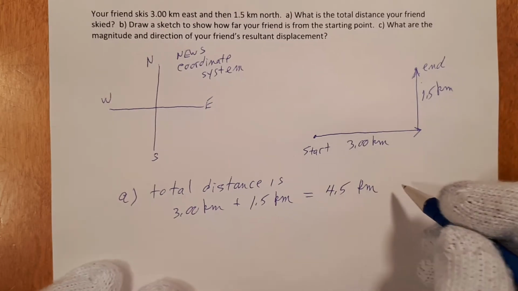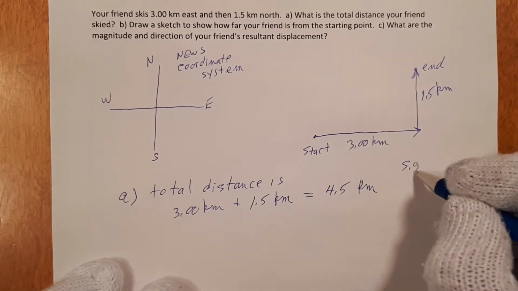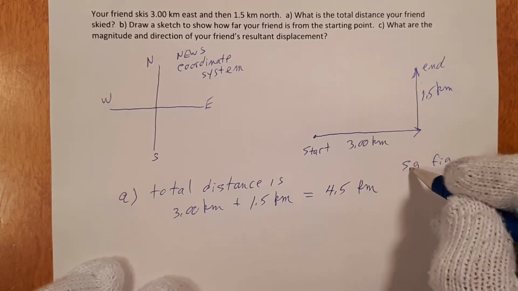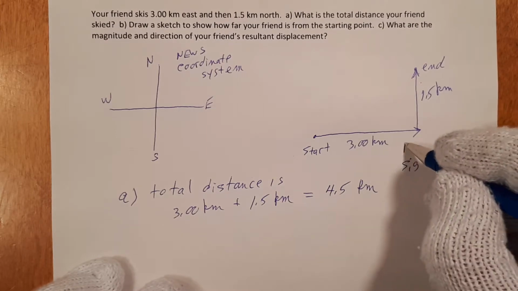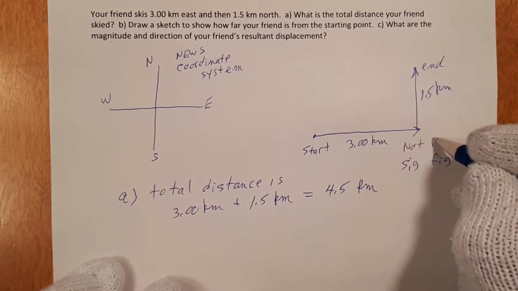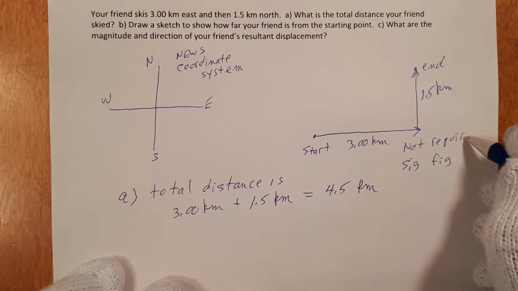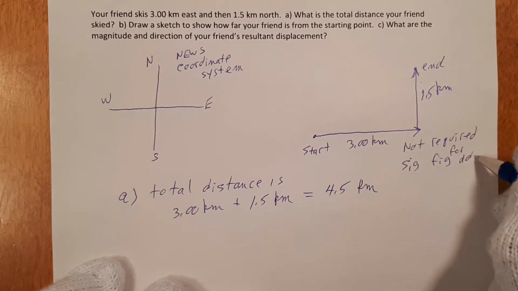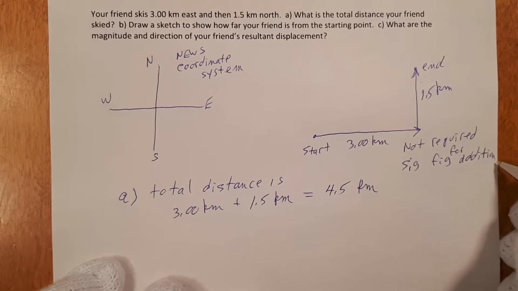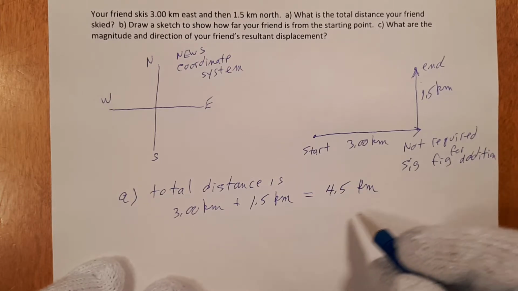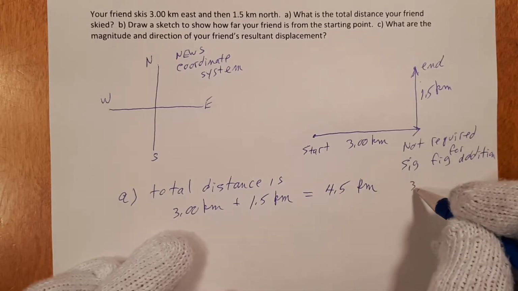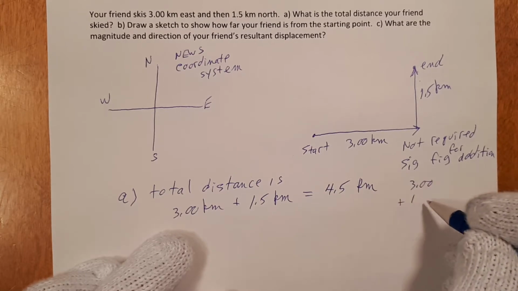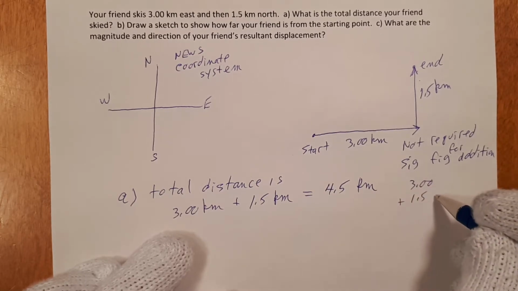If we wanted to do significant figures, and for our course this is not required for addition. But if we want to do the significant figures here, we would add 3.00 plus 1.5.